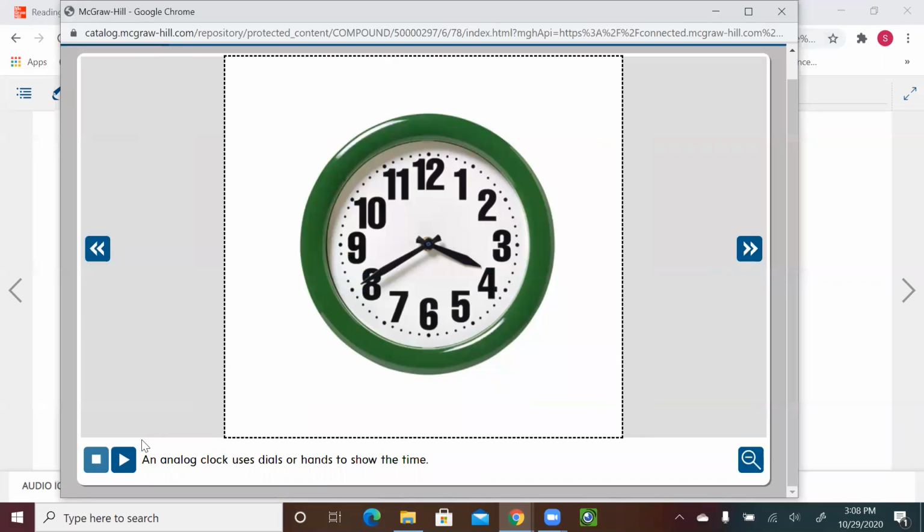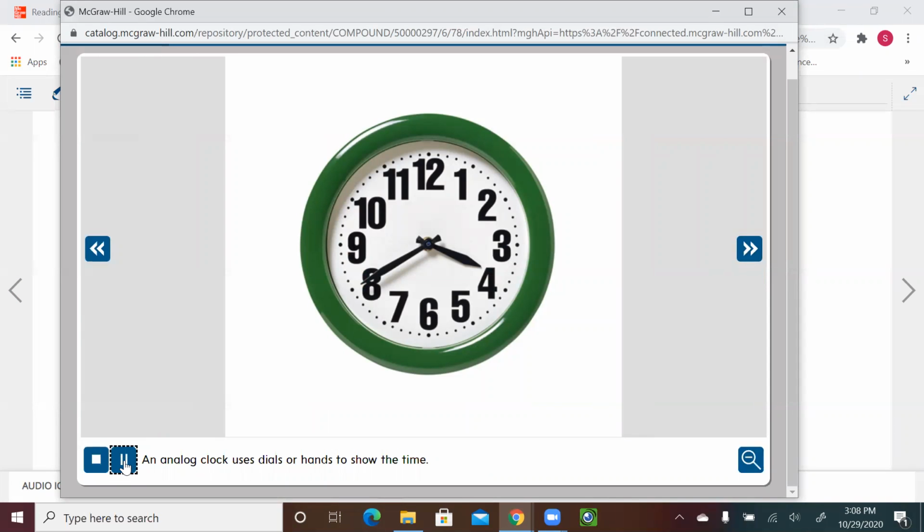Let's see. An analog clock uses dials or hands to show the time. And this is a popular one that we see in most places, analog clocks. So you get 2 hands, one shows hours, the short one, and the long one shows minutes. Sometimes they even have one that goes by seconds, and it comes in different shapes and fun colors.